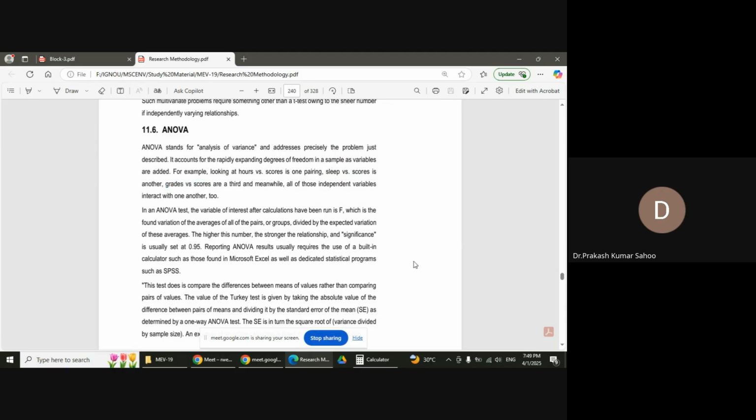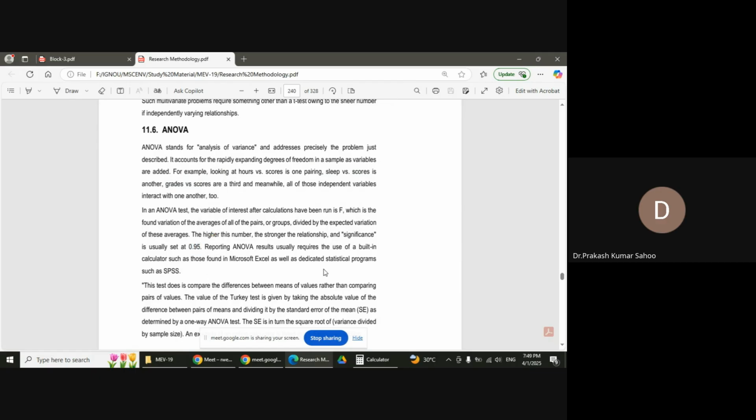Okay. So for these tests, the variables of interest after calculation have been run in the F test, which is the found variation of the average of all the pairs. Okay. The higher this number, the stronger the relationship, and significance is usually set at 0.05.